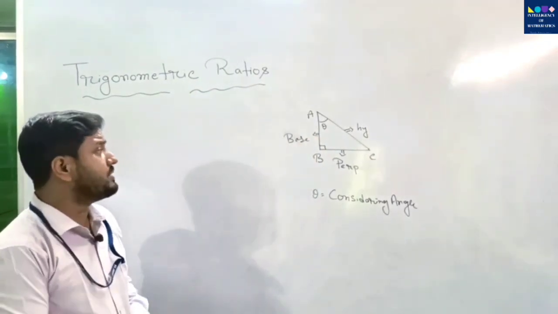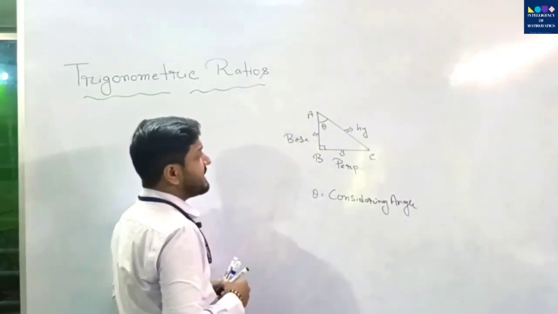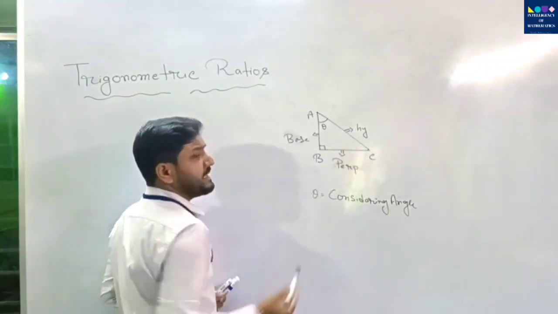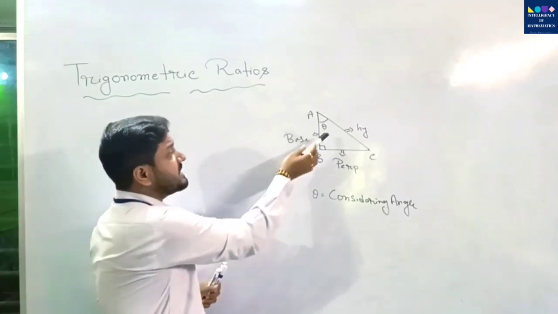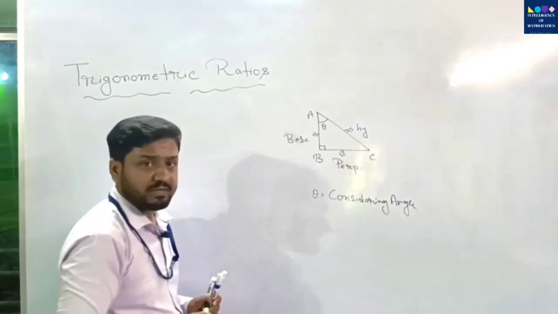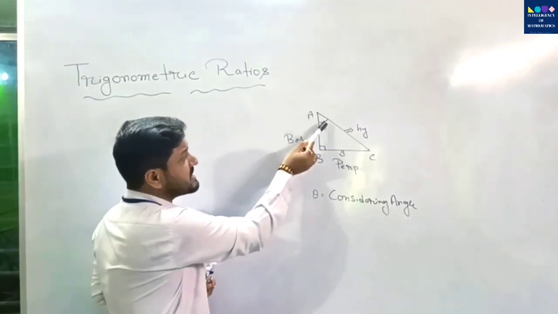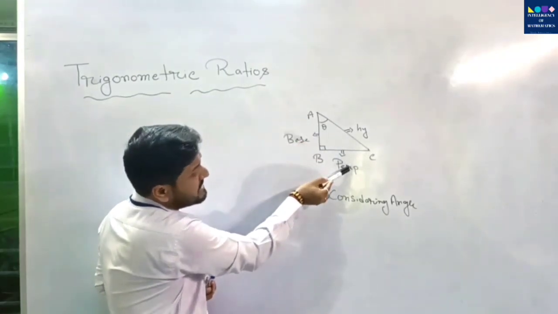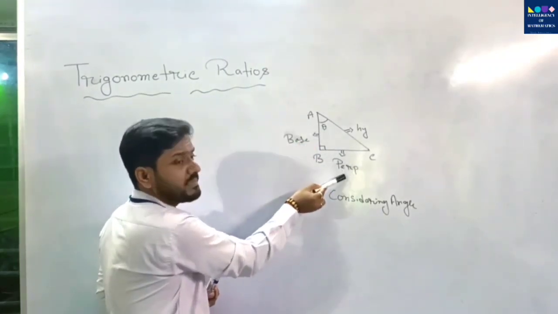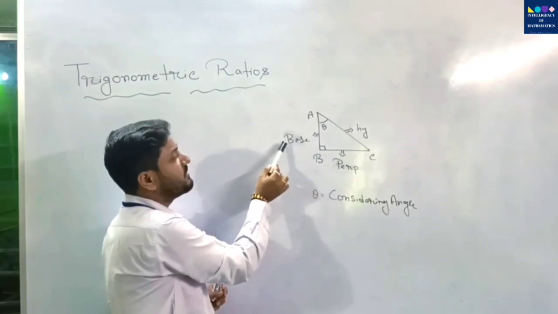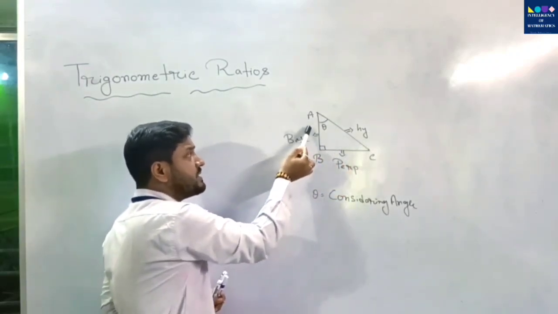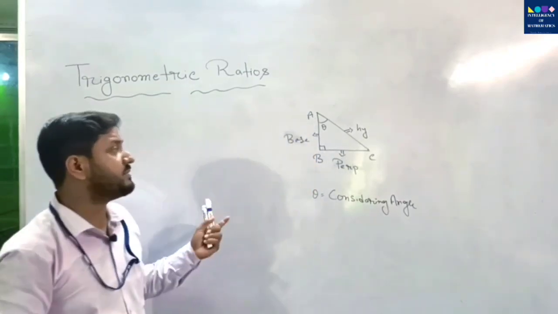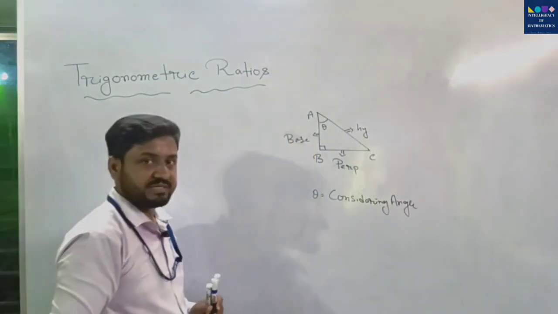So what we conclude is, the side in front of the right angle is always hypotenuse, and we can consider either of the other two angles. Whatever is in front of the considering angle is perpendicular and the remaining one will be base. If we consider this angle, then the side in front becomes this one, so AB will become perpendicular and BC will become base.